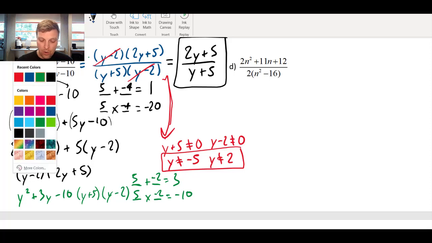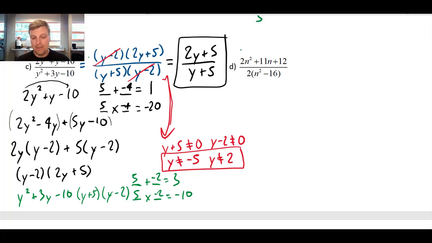All right, we're going to try one more example here. And again, I'm going to run into the situation where I have to do decomposition because my numerator has a quadratic with an a value that's not equal to 1. So I need to find two values that are going to add to 11 and multiply to 24, so that's 2 times 12. Well, that would be 8 and 3.